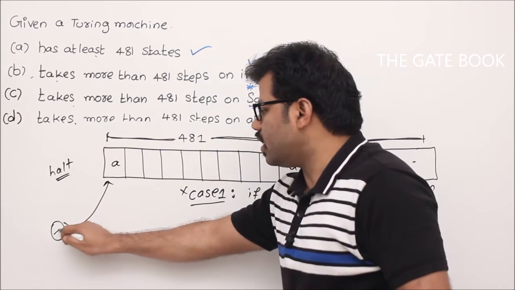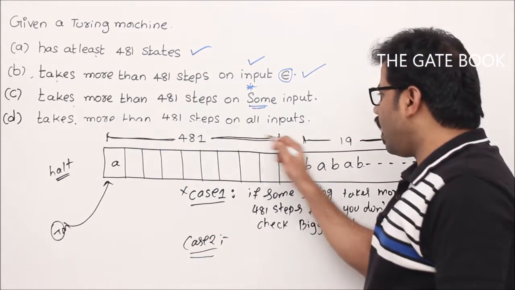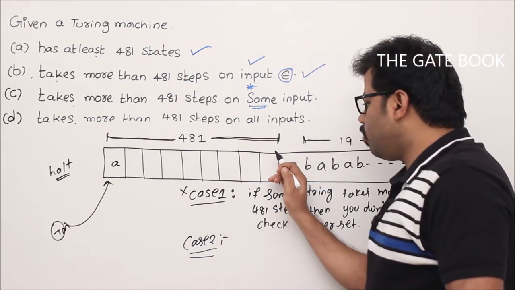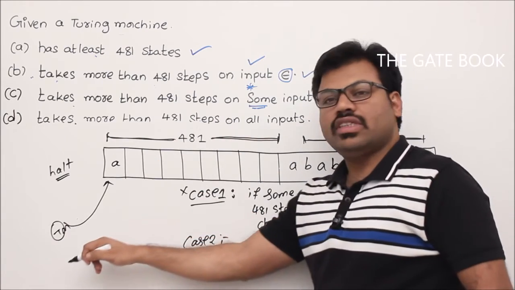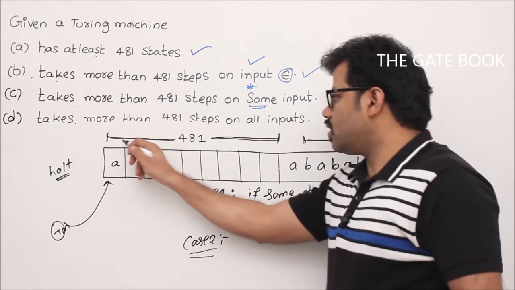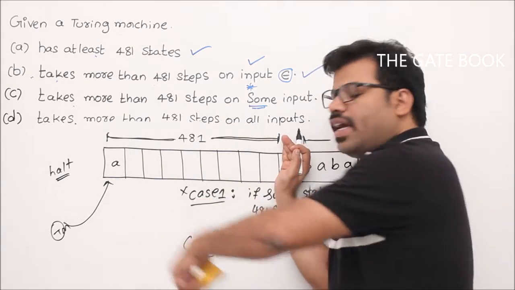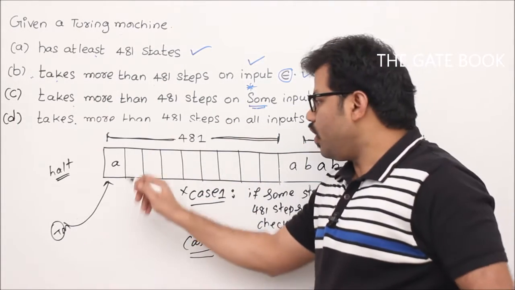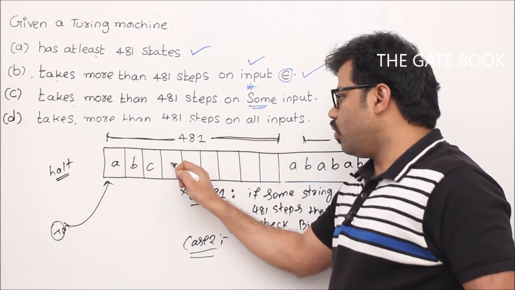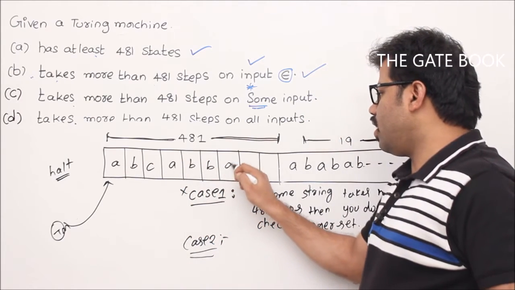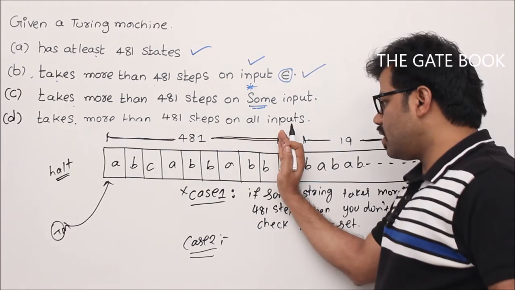For your Turing machine, if you focus only up to this point, this part of the input is something we already checked, correct? Try to understand, because if you assume that your input is only up to this point, this input is already examined under the Turing machine. When you execute this input, ABC, AB something, BA, BB, this part is already examined, correct?